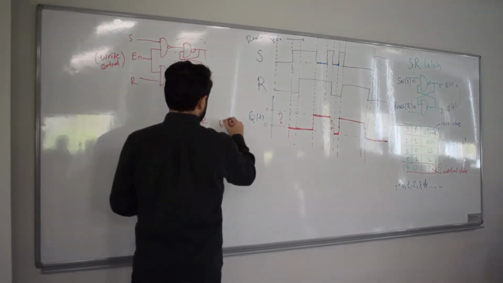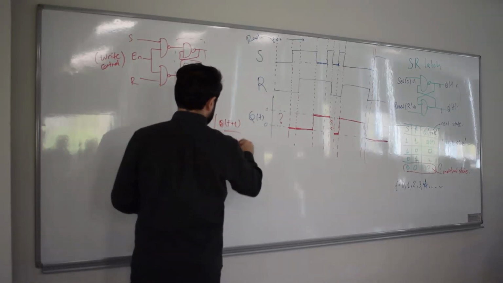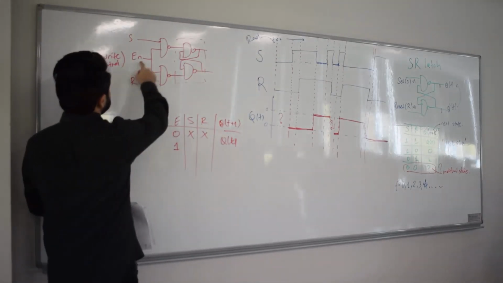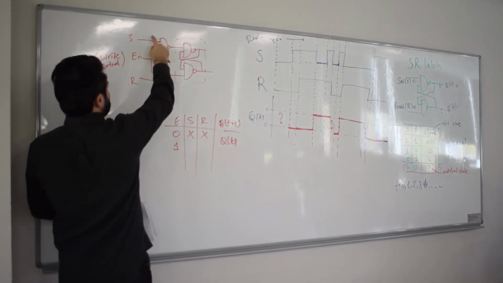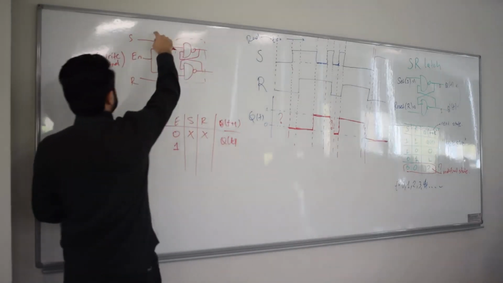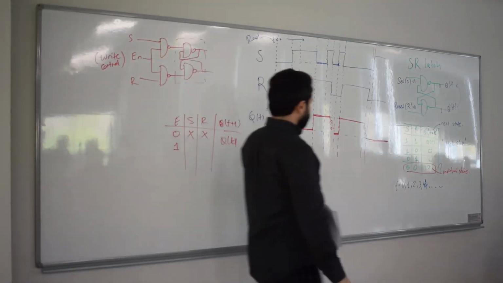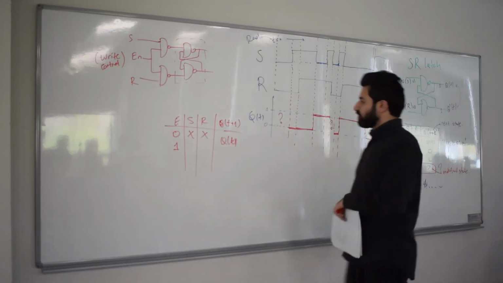And Q(t+1) is just Q(t), right? And if enable is 1, then you have S. If S is 0, that would make this 1, right? And we know that if this is 1 and R is 0, you got a 0.